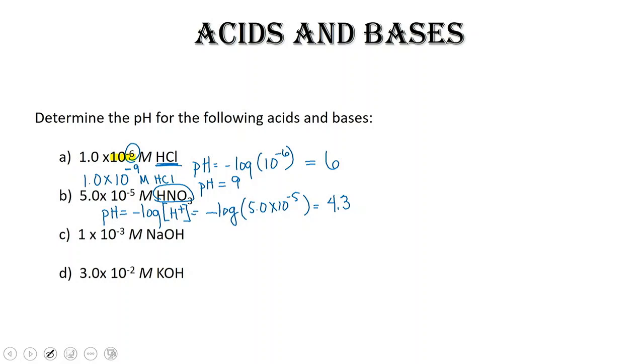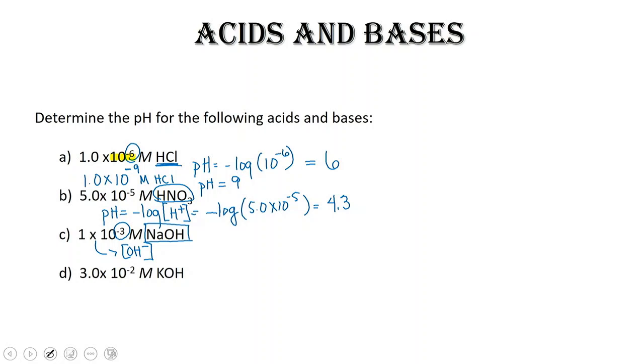The next question is asking us for the pH, but we're looking at sodium hydroxide. So the information that we're actually given is the concentration of the hydroxide ion. Once again, like we did for letter A, we have this power of 10 is 3.